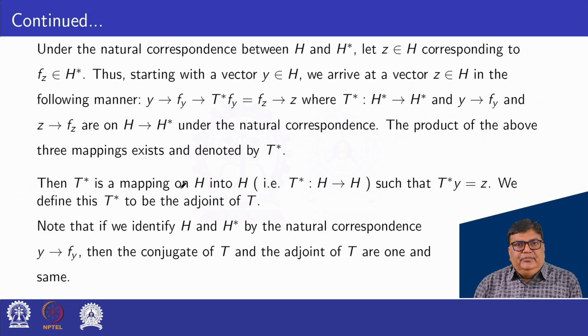Then T star is a mapping on H into H such that T star y is equal to z. We define this T star to be the adjoint of T. Note that if we identify H and H star by the natural correspondence y to fy, then the conjugate of T and the adjoint of T are one and the same.